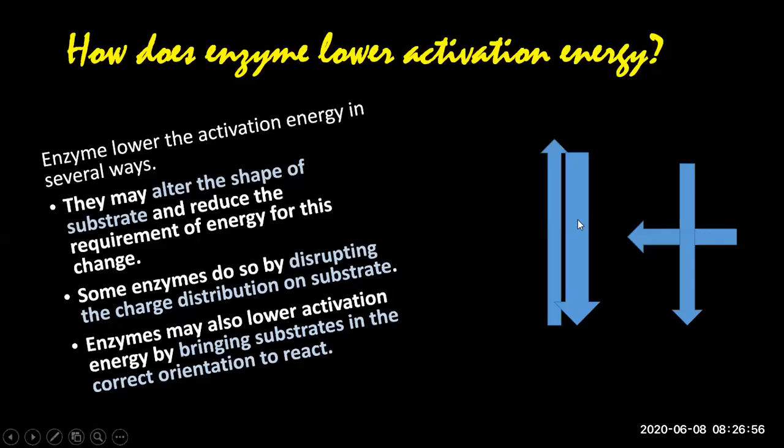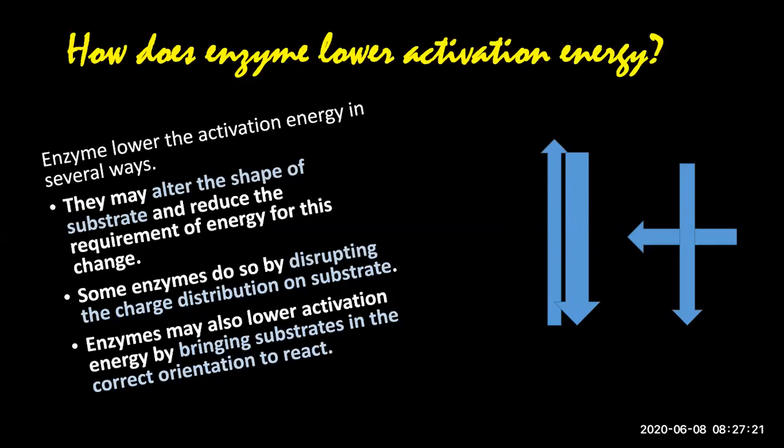So when the enzyme is going to work on them to convert them into two products, like two arrows, I repeat, this is one substrate and they are attached lengthwise all over, and the enzyme has to convert it into two products. As they are attached lengthwise all over, enzyme requires more energy to convert them into two products.